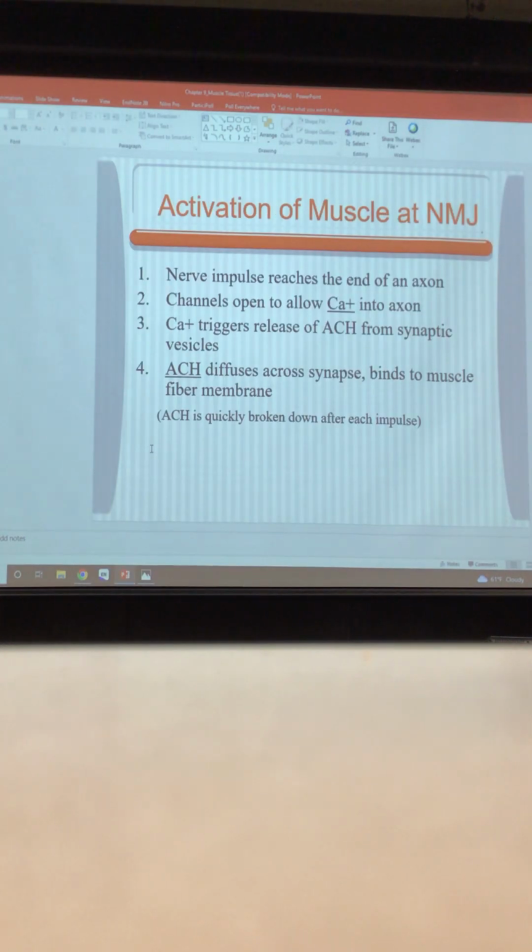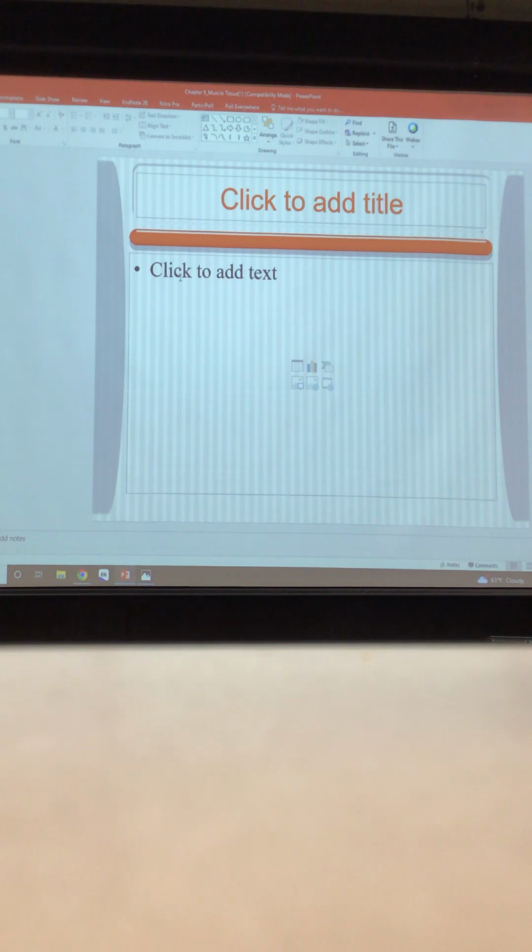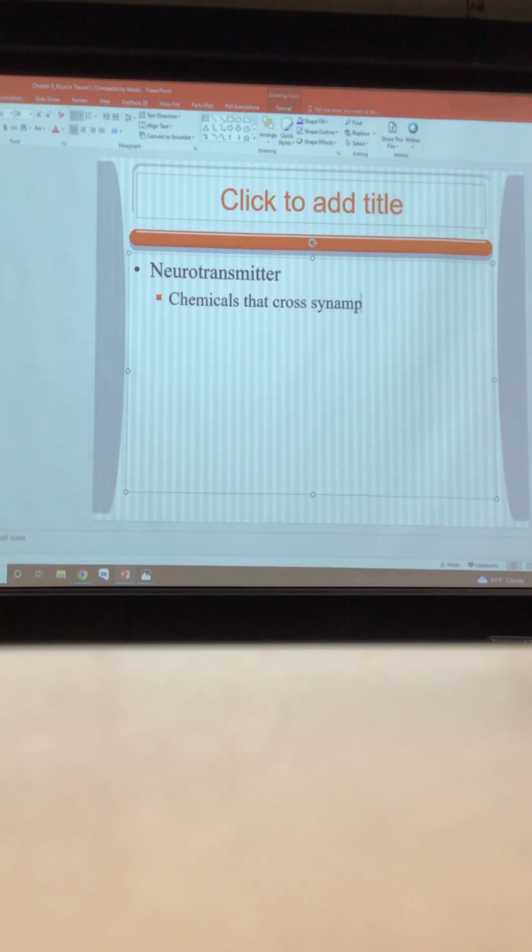Because I don't have my iPad to write on, let's do this. So it's a neurotransmitter. These are chemicals that cross synapses.